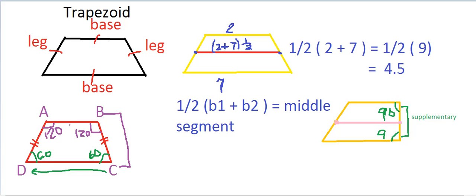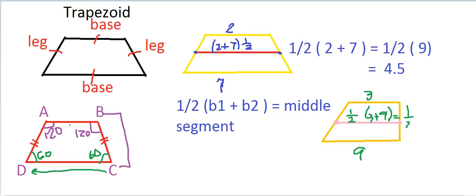Aside from that concept, we now have the measure of the segment. Say this is 3 and this is 9. It's the same concept as with the isosceles trapezoid: 1/2 of 3 plus 9. How much is 3 plus 9?